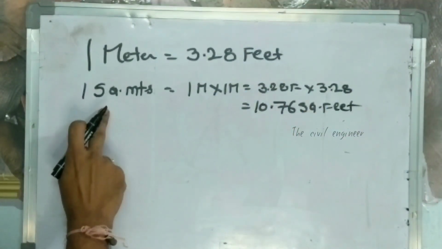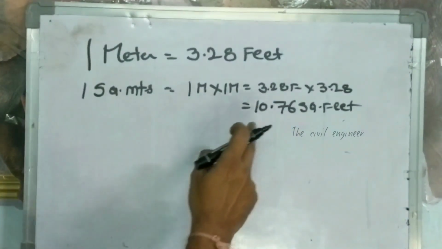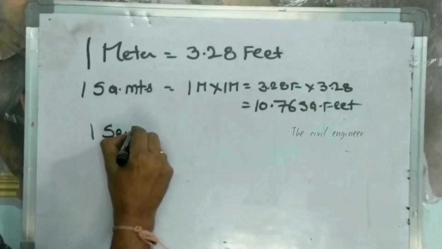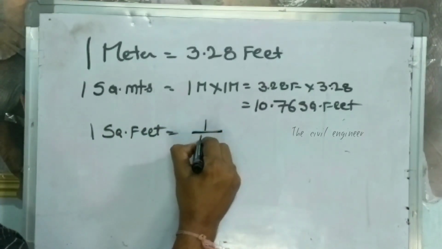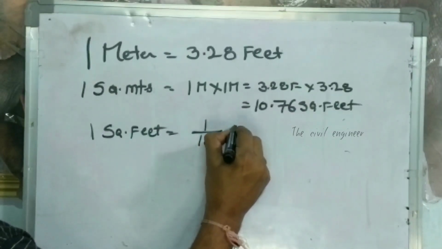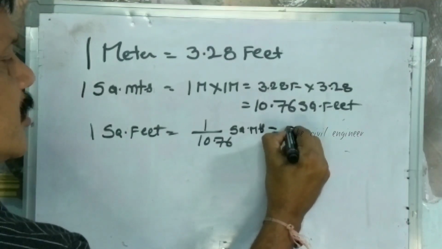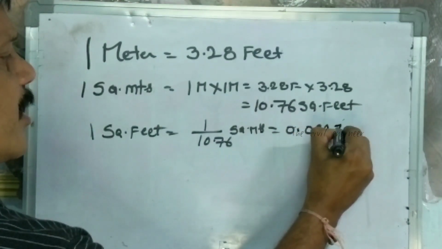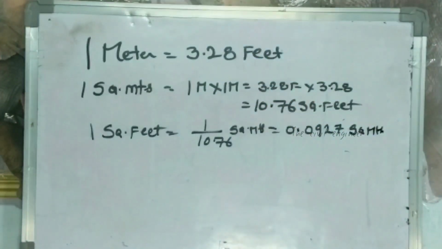So 1 square meter is equal to 10.76 square feet. So 1 square foot is equal to 1 by 10.76 square meters, that is equal to 0.0927 square meters. This is the first conversion.